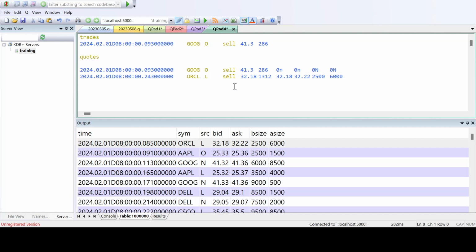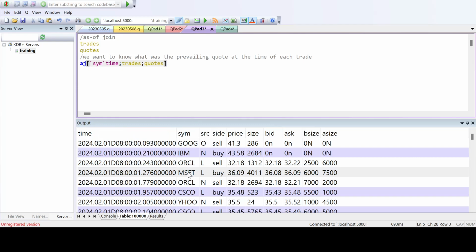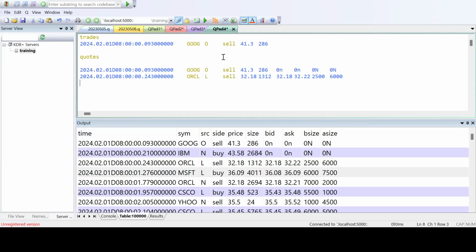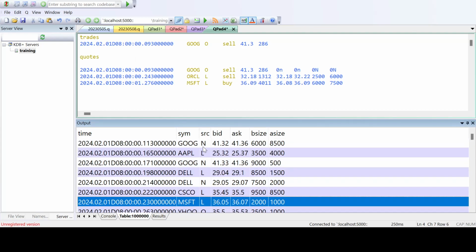Okay, now just another example to be more clear. Let's take this MSFT. Let me copy this. This trade happened at 1.276. Let's see in the quotes. This MSFT is the first record, and this happened at 0.23, much earlier than 1.276.